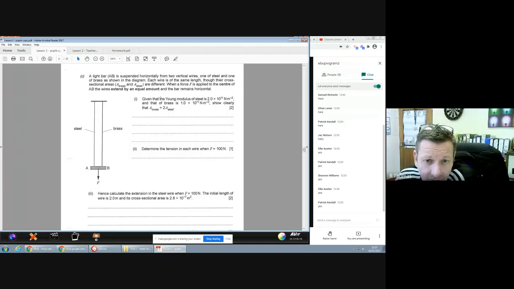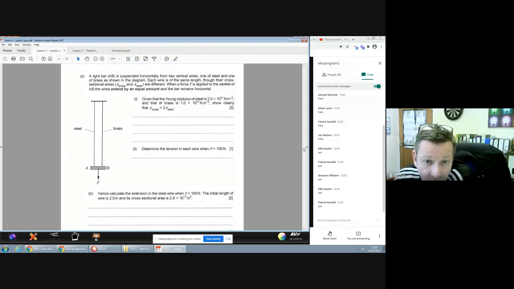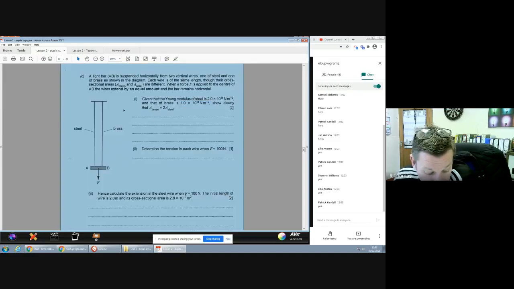Right. Given that the Young modulus of steel is 2 times 10 to the 11, and the Young modulus of brass is that, show clearly that the cross-sectional area of the steel is twice the cross-sectional area of the brass. Now, not to freak out, okay?